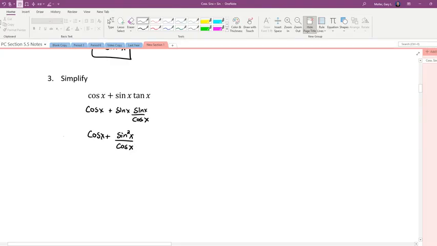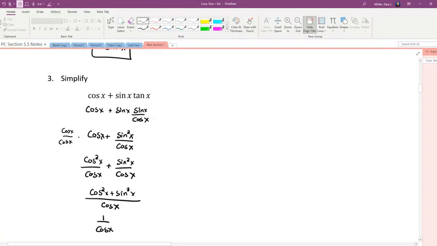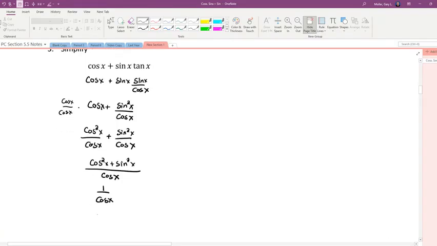So I'm going to multiply by cosine x over cosine x, giving me cosine squared x over cosine x plus sine squared x over cosine x, which gives me, put them together, cosine squared x plus sine squared x over cosine of x, which is just 1 over cosine of x, which of course is our good friend, what, secant of x.